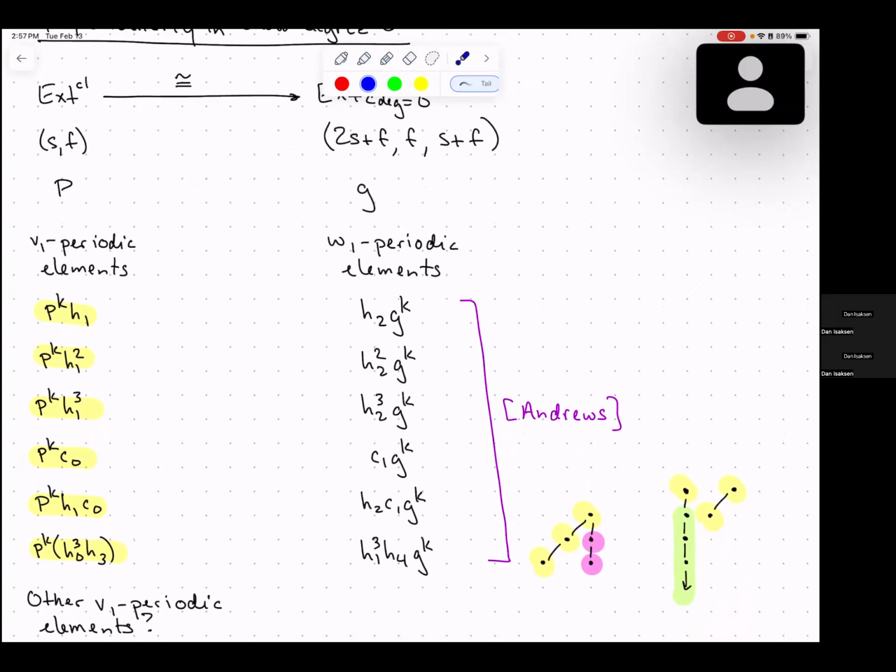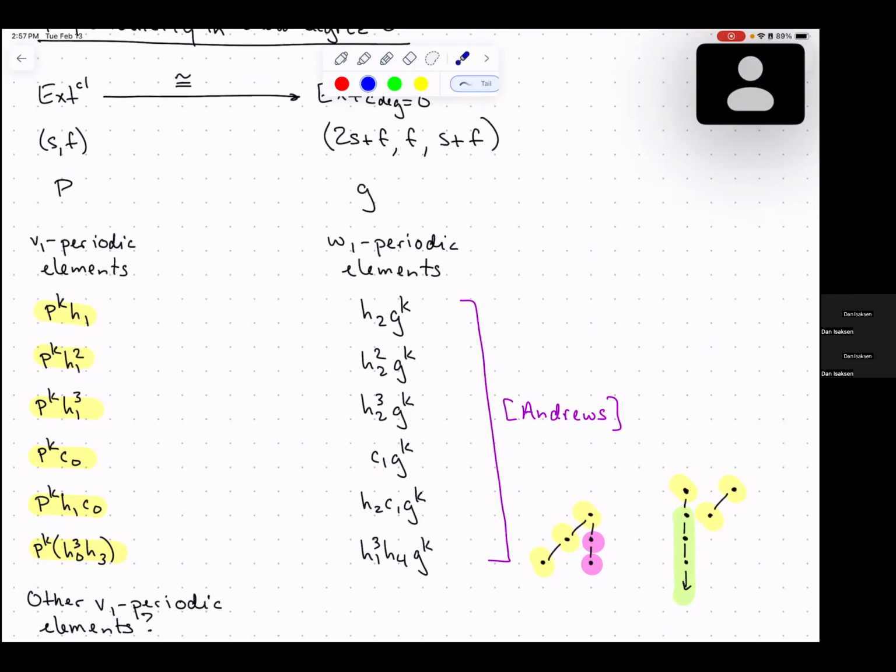The lengths of these towers are different. And there's a color that's not coming through here. This is supposed to be a different color than those, but anyway. Okay, so there's these P to the k h1, P to the k h1 squared, P to the k h1 cubed. That's these 3 elements, and they correspond when you double them to h2 g to the k, h2 squared g to the k, h2 cubed g to the k.